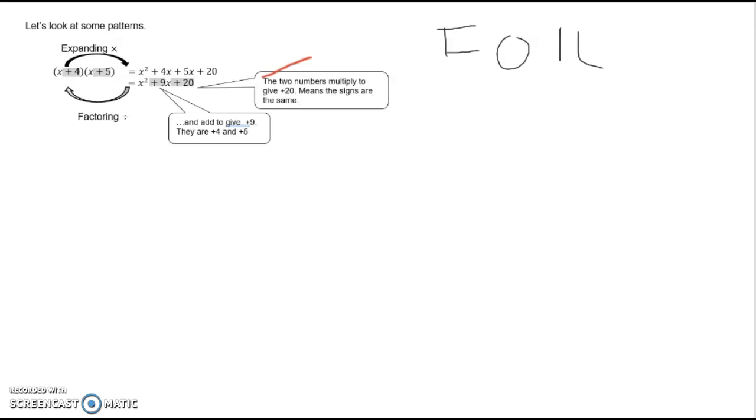So over here, it says the two numbers multiply to give you 20. Here's our plus 20 right here. It means that the signs are the same, because a positive times a positive gives you a positive, or a negative times a negative gives you a positive. So they both have to be either positive or both negative.